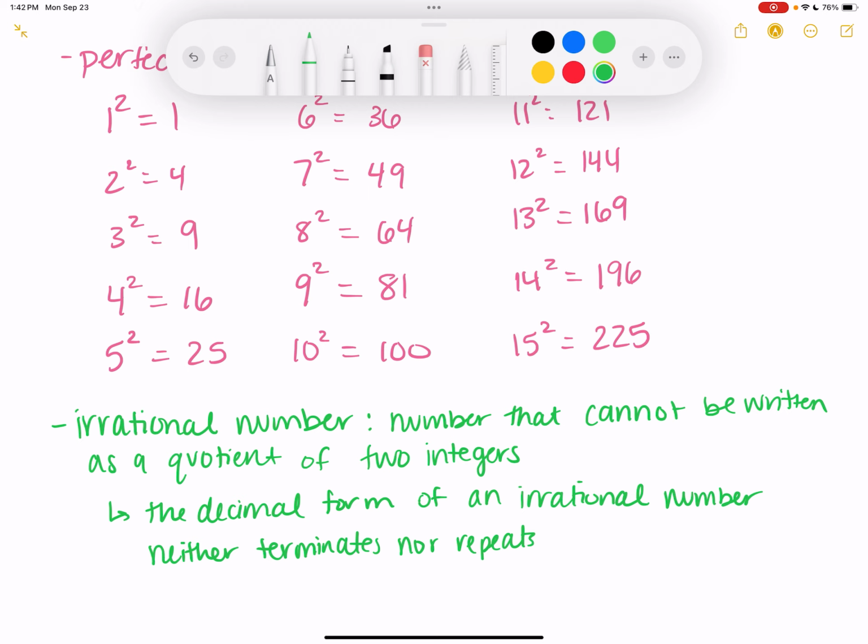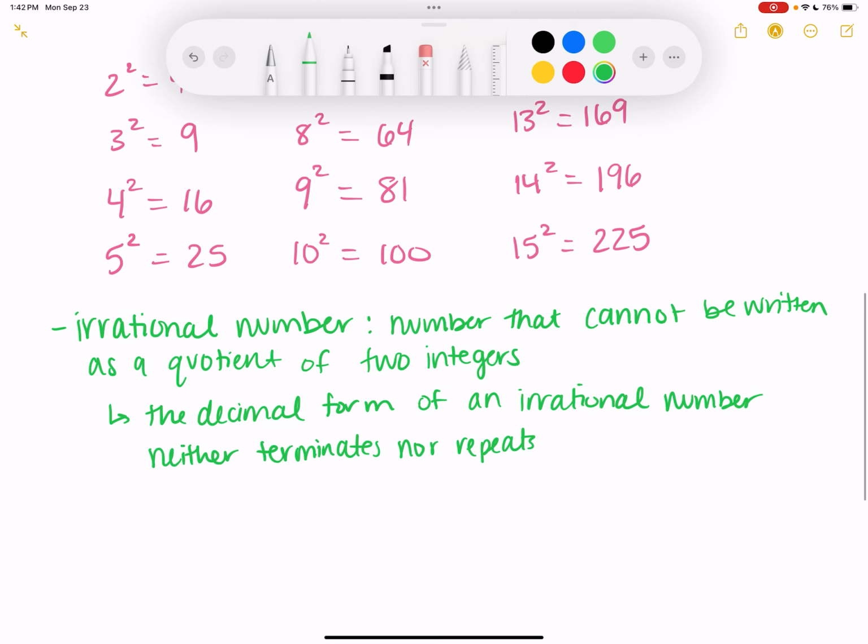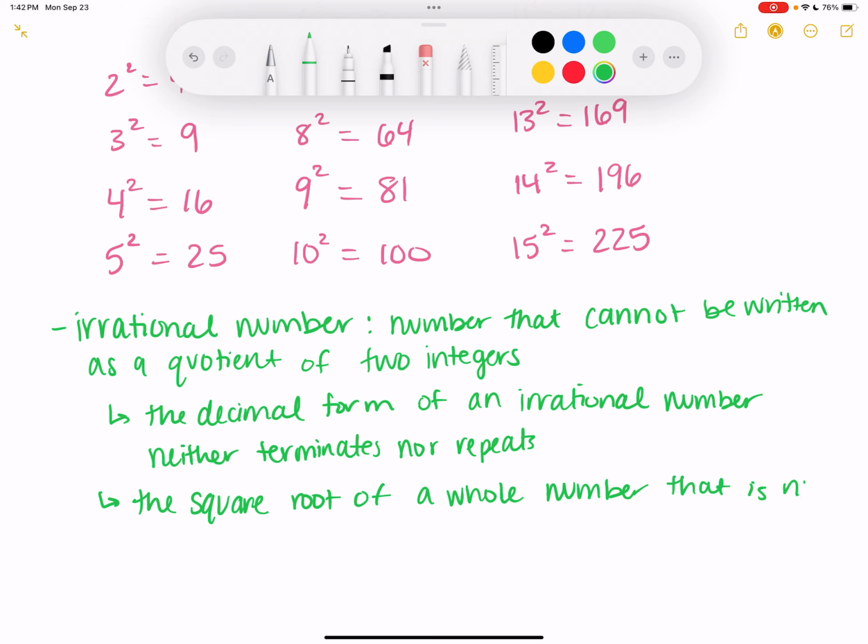So the reason this comes up in this section is because the square root of a whole number that is not a perfect square is an irrational number.